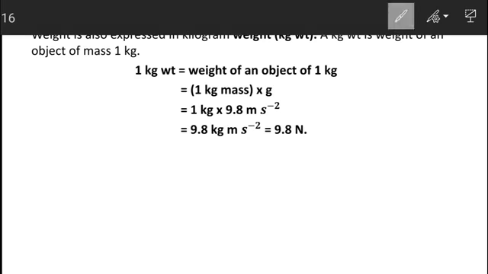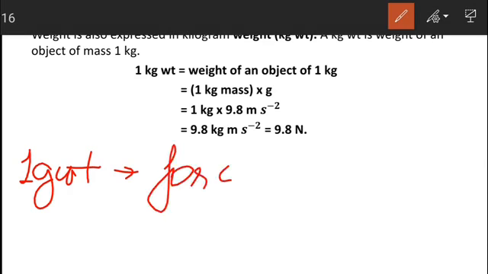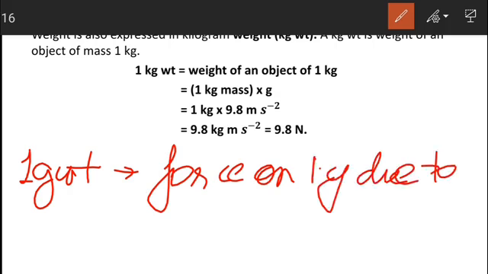Let us write, 1 gram weight is the force on object of mass 1 gram due to gravitational pull of earth. Okay, so I hope the definition is clear. Now let us derive the value of 1 gram weight.